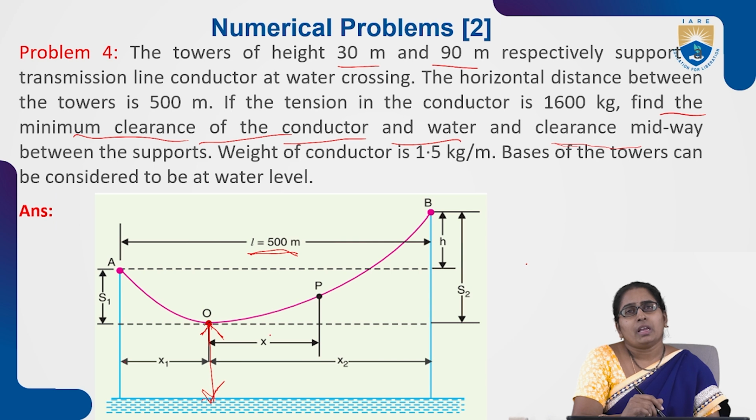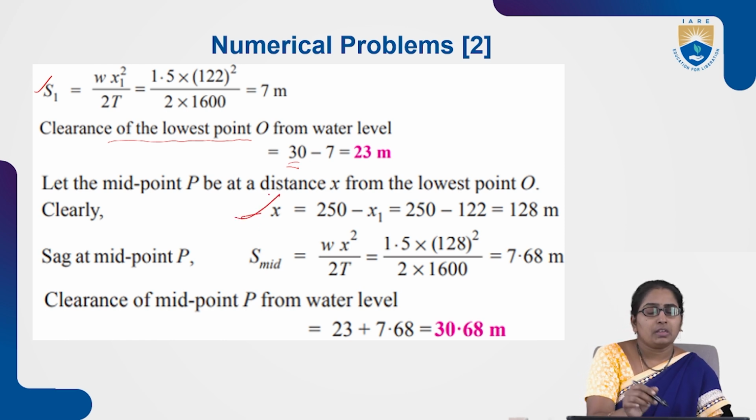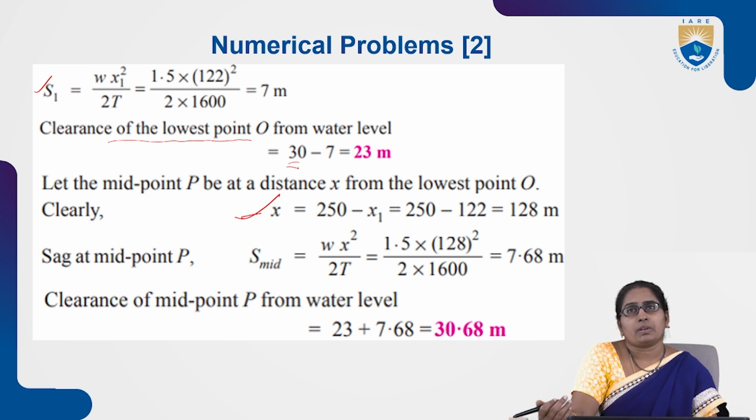Because we know that P is the midpoint, the x value is given by 250 minus x1.